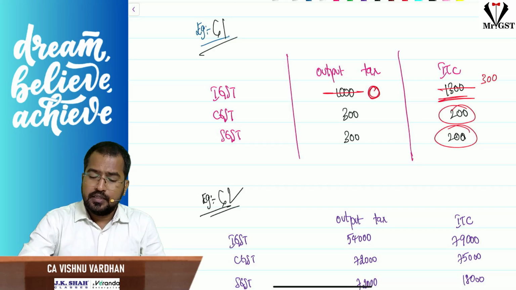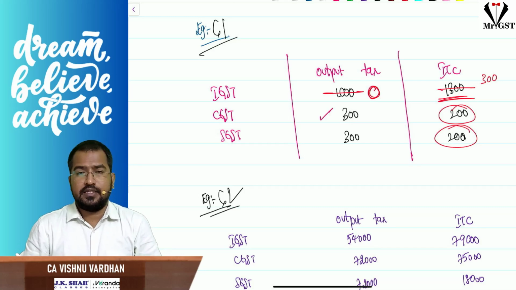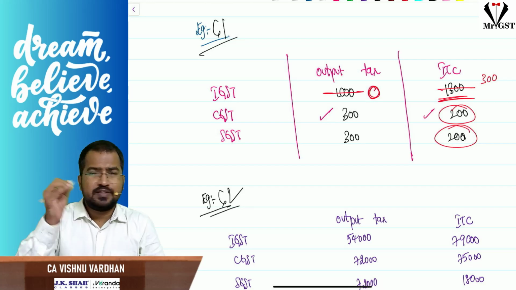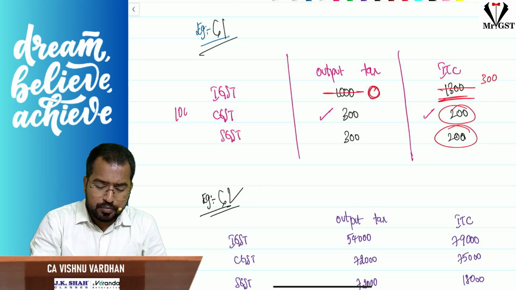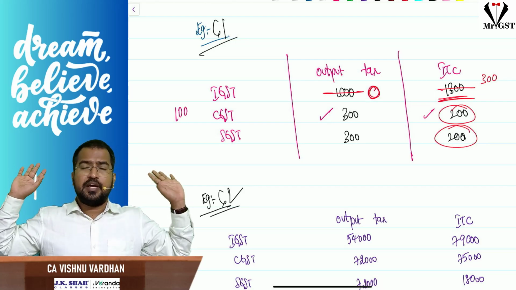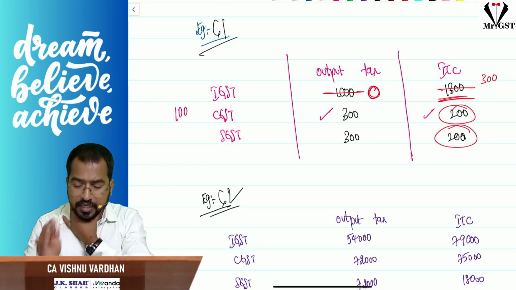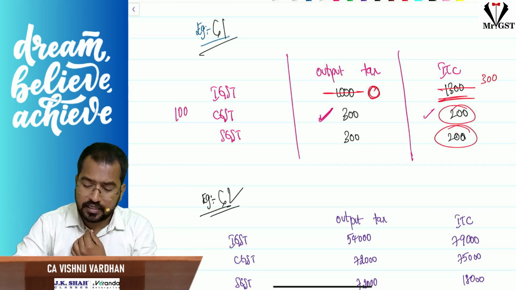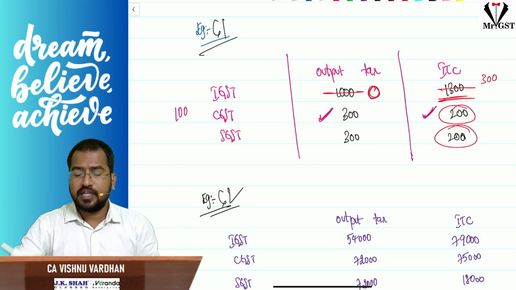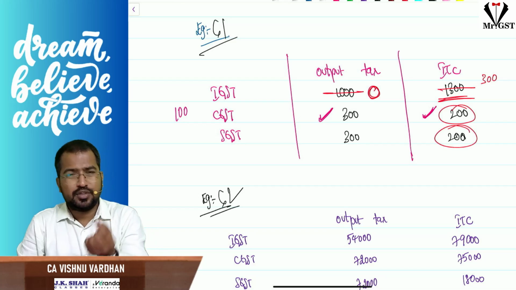Sir, CGST payable 300 is there, but ITC 200 is there. That means if somebody helps with 100 rupees, CGST will be happy. The liability is zero. I repeat, CGST output tax 300 is there, input tax 200 is there. That means shortage is only 100 rupees.